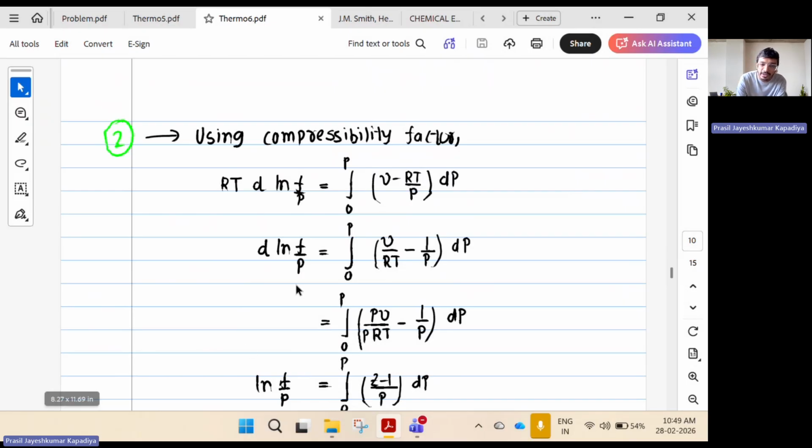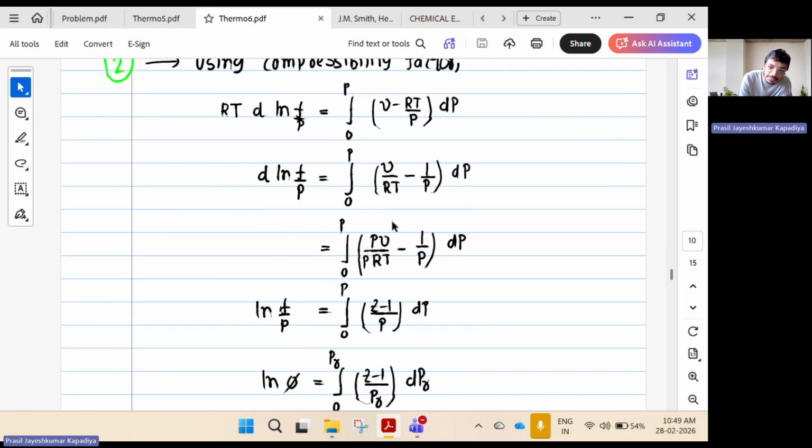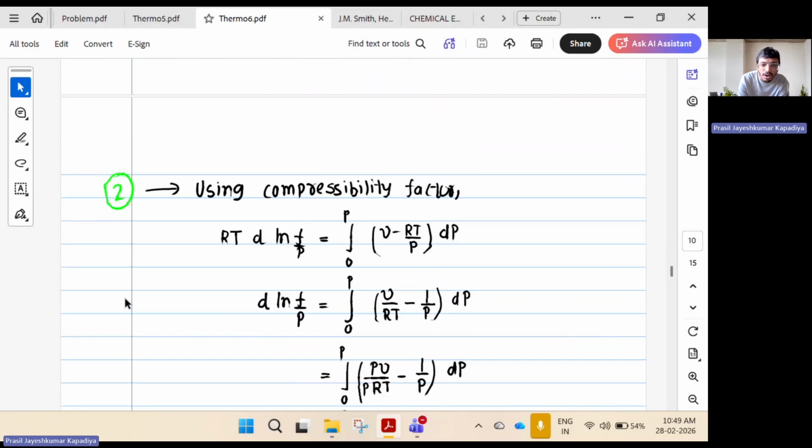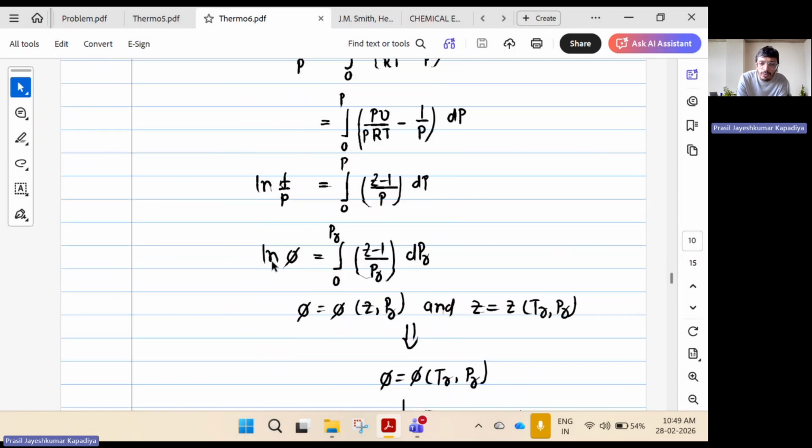So d(ln f/P) will be integration 0 to P of (V/RT minus 1/P) dP. Let's say I'm multiplying here with P and dividing by P. So I will have (PV/RT minus 1)/P dP. So what is PV by RT? Z. So this is (Z minus 1)/P dP. My f by P is nothing but phi.